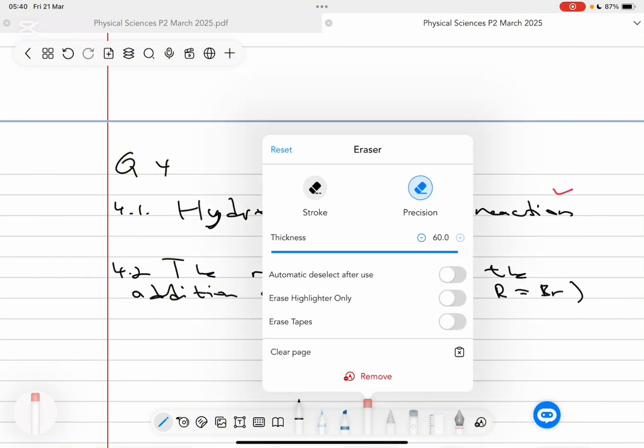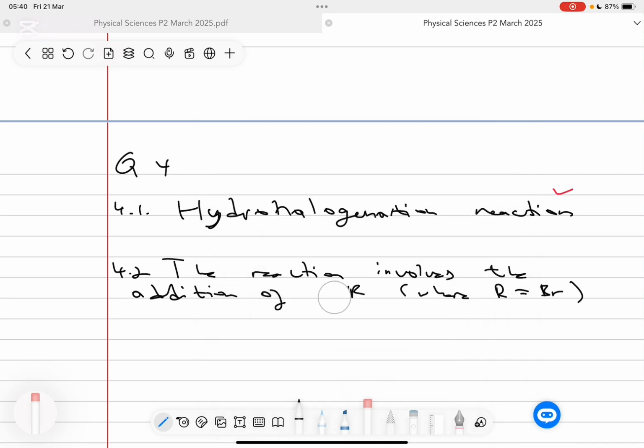Okay, let me write my H properly. We're adding the H and a halogen here. So an H atom and a halogen, and our halogen here, I'm saying, is a bromine, and we're adding that to an alkene, meaning a molecule that has a double bond.